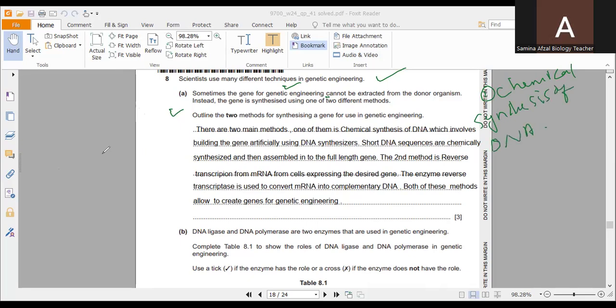Chemical synthesis of DNA means it involves building the gene artificially, particularly using DNA synthesizers.